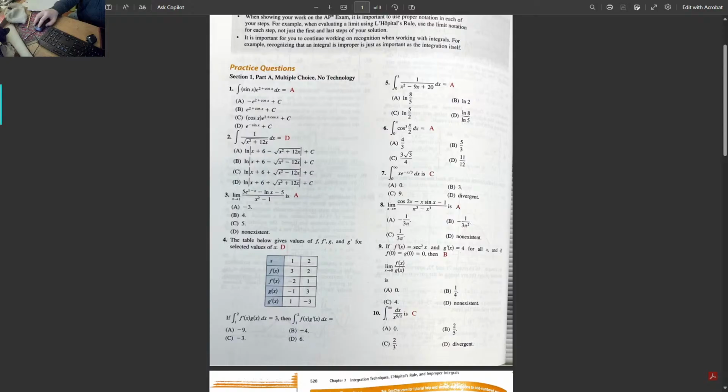I'm going to wait till some people get here, though. So this is my test review. This is the section of the textbook that the teacher decided to have us do. I'm just writing down the problem numbers right now.